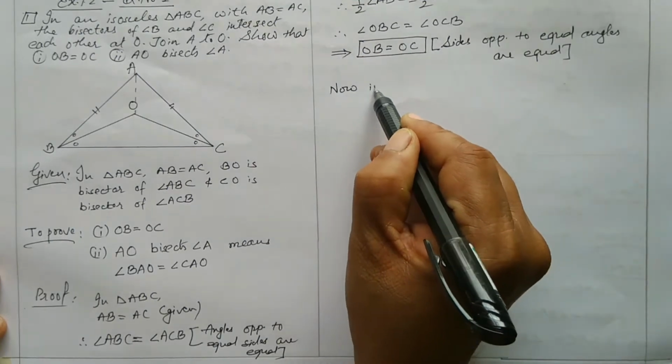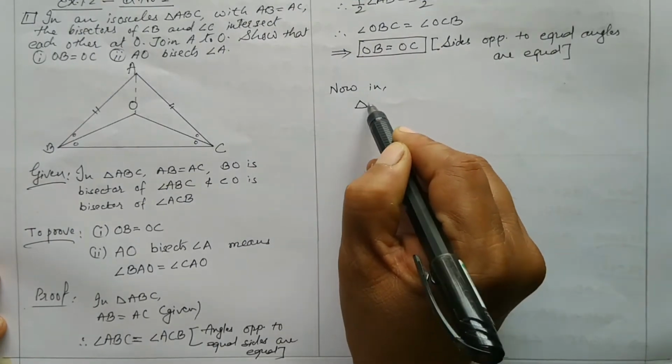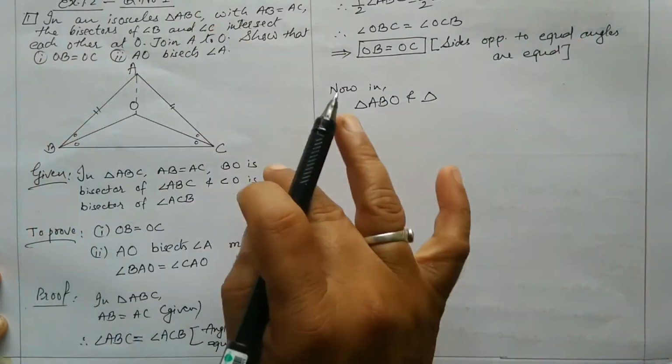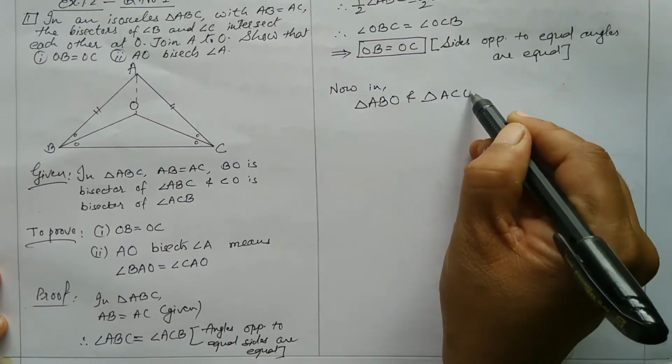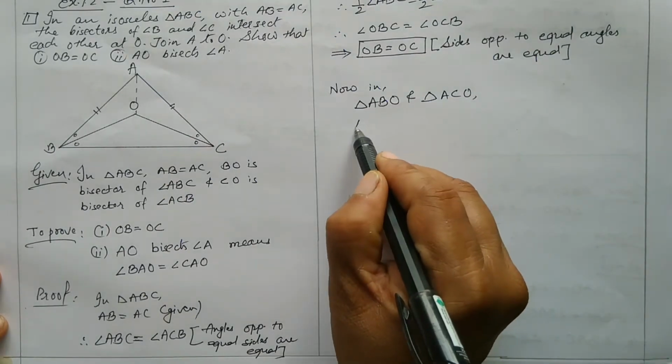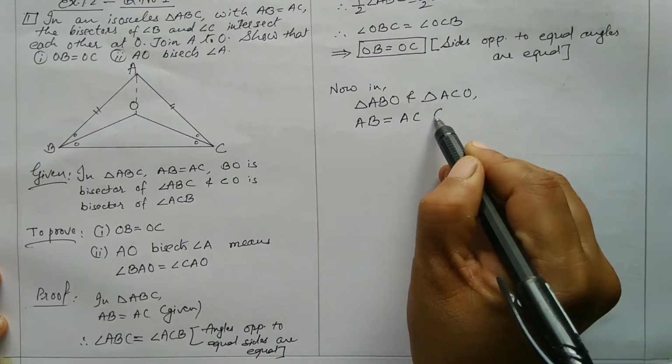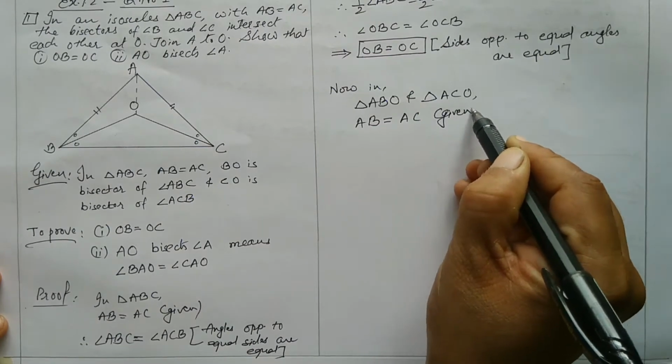Now in triangle ABO and triangle ACO, AB is equal to AC, given to us.